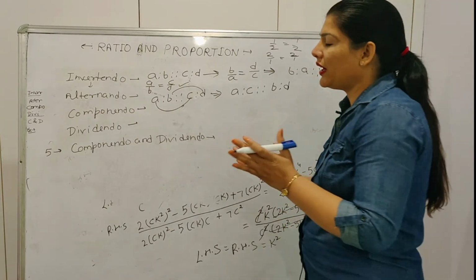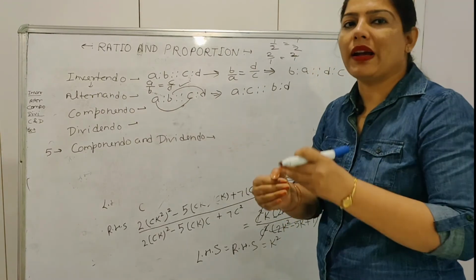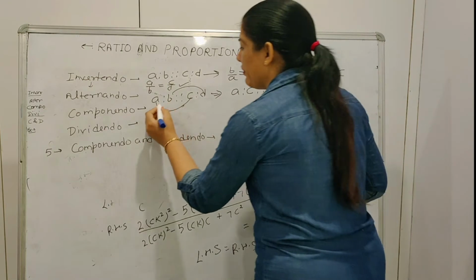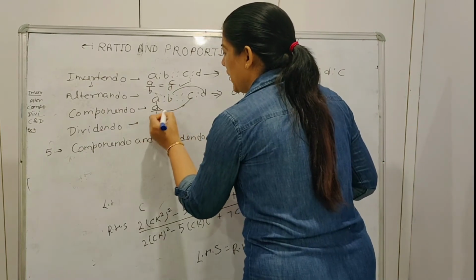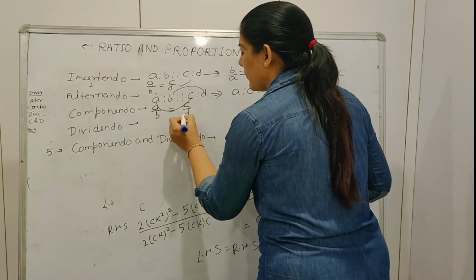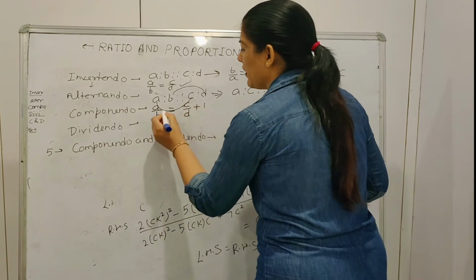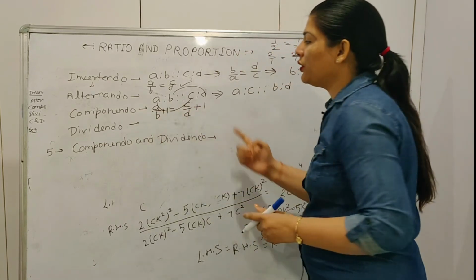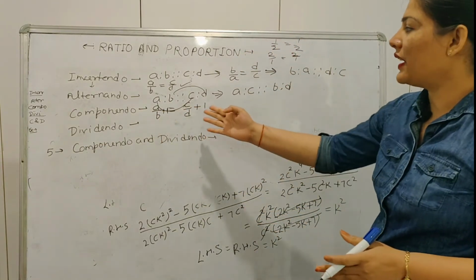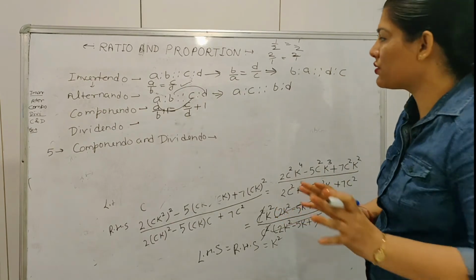And what is componendo? Componendo means we are combining something. If I have A is to B equals to C is to D, then if I'm adding 1 to each of the sides, left hand side and right hand side, there is no change.